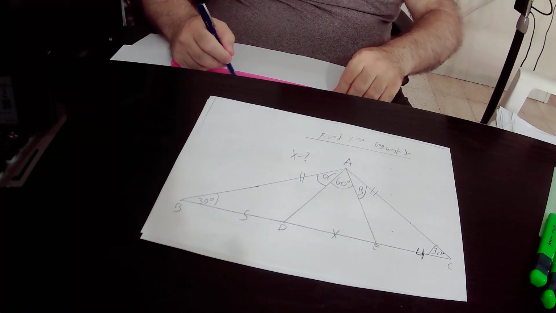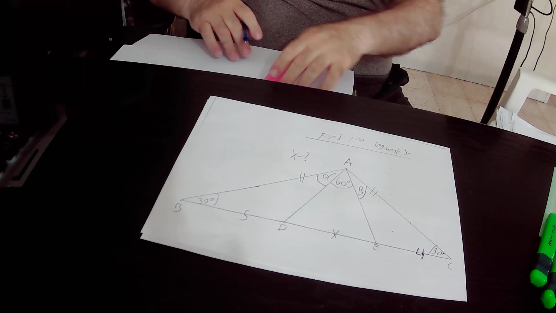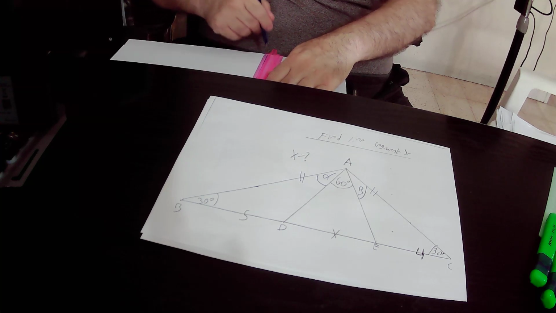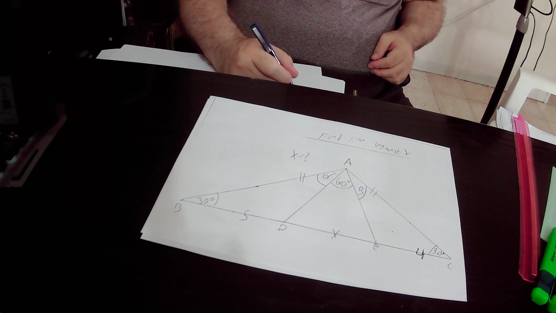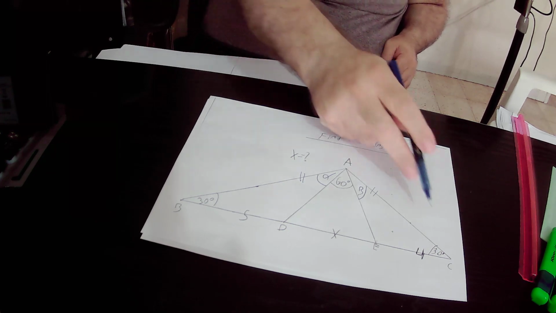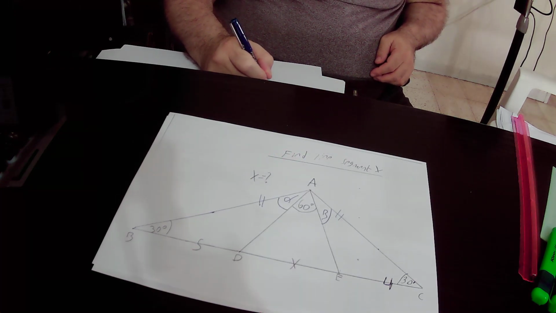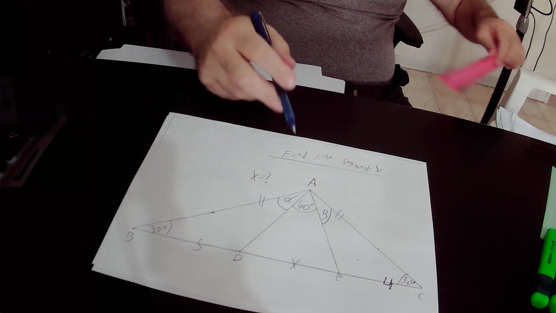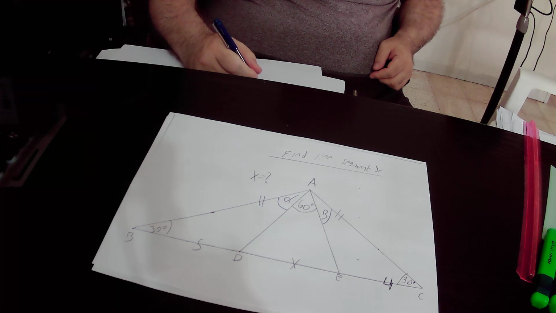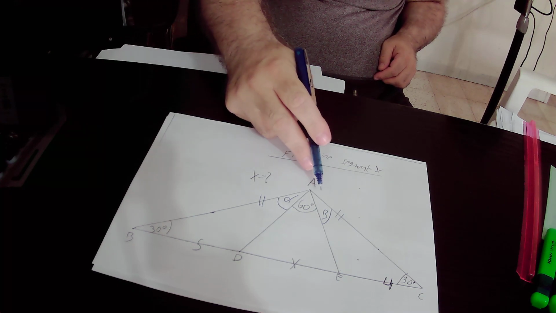This angle equals 30 degrees, this angle also equals 30 degrees, this angle equals alpha, this angle equals 60 degrees, and this angle equals beta.